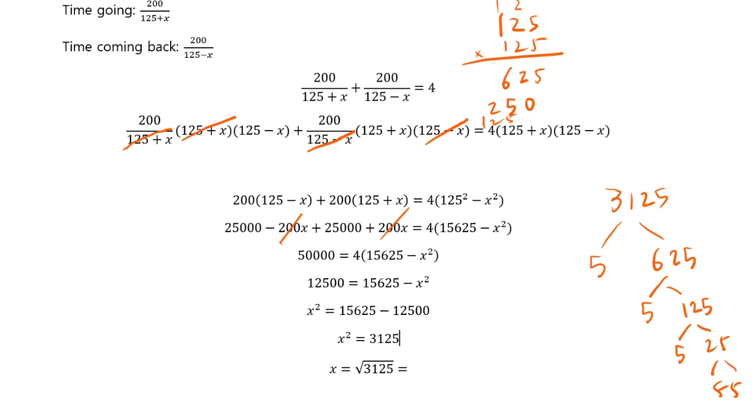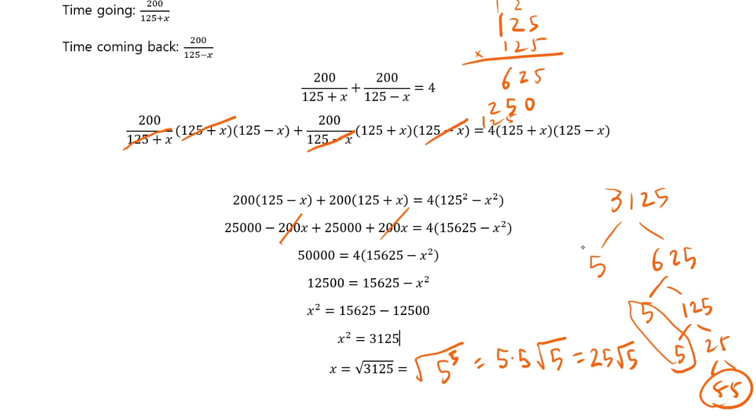So you see that this thing is the square root of 5 to the 5th power, and every 5 times 5 is 25, and those come out as 5. Since we have 2 of those, those two come out, and there's one left. So 25 times square root of 5. And that's the answer.